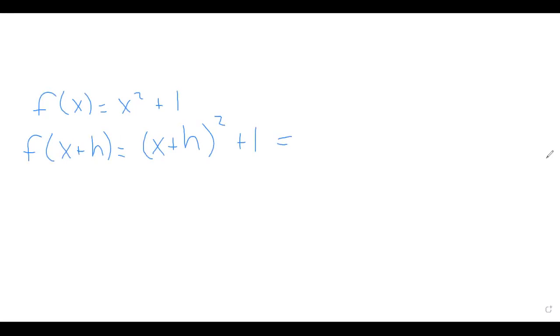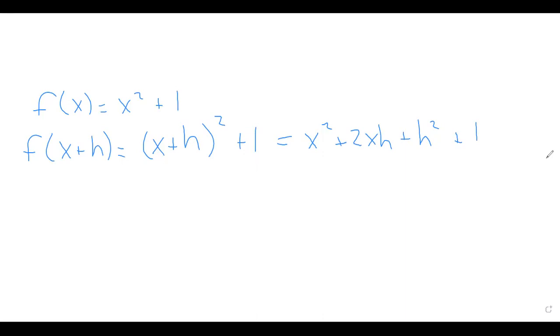Using FOIL or using the rules, since we're squaring it, we know that this comes out to be x squared plus 2xh plus h squared. And then we still have that plus 1 from the original. I apologize that my pluses look like perpendicular symbols. My stylus is not cooperating.